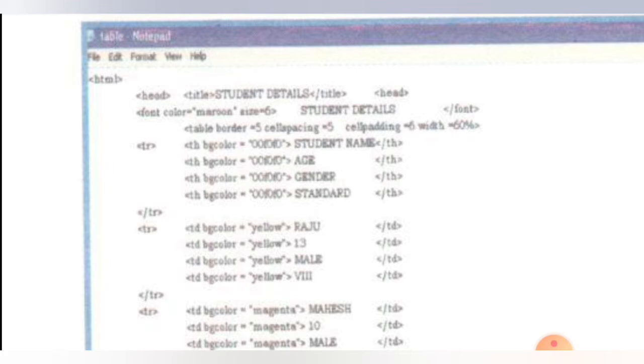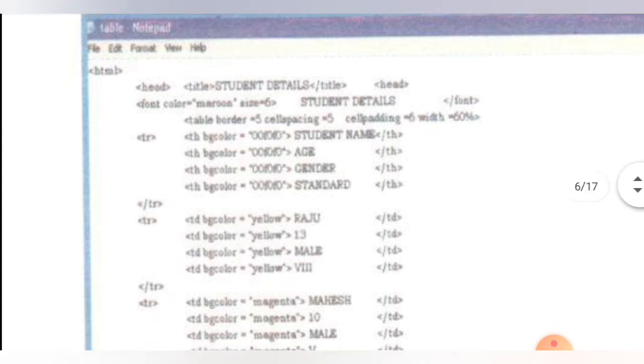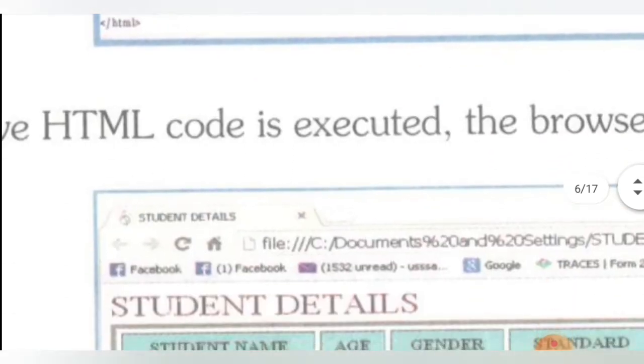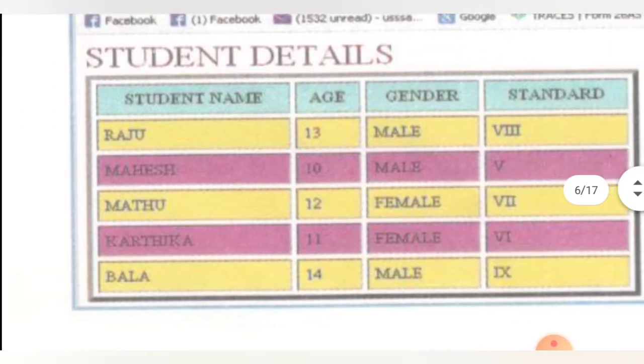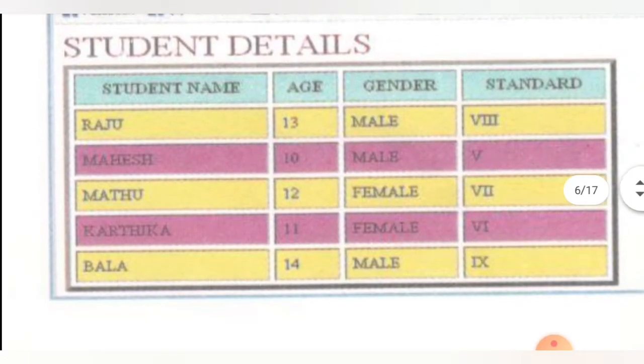For that we are using TD, table data. You have to give the values: student name is Raju, age is 13, gender is male, and standard is 8. Like that you can give more than one row of values. See the output of this table. It shows the table like this. So this is the student details table.